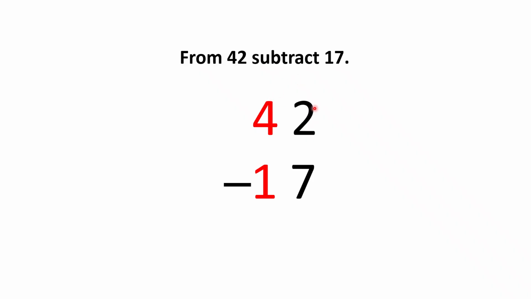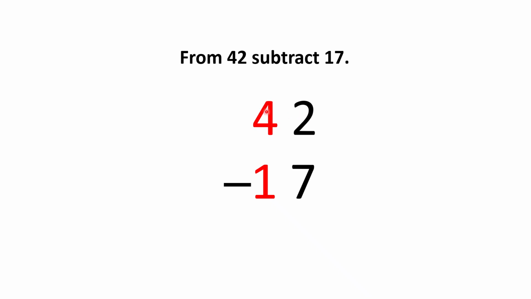Now we are writing 42 on the top, then the minus sign and 17. The tens digits are in red color and the units or ones digits are in black color. Red means tens place, black means ones place or units place.